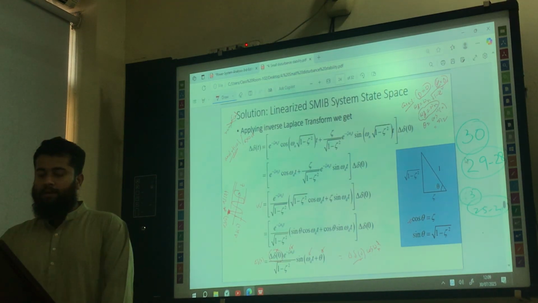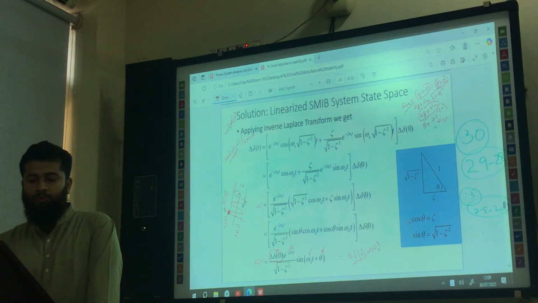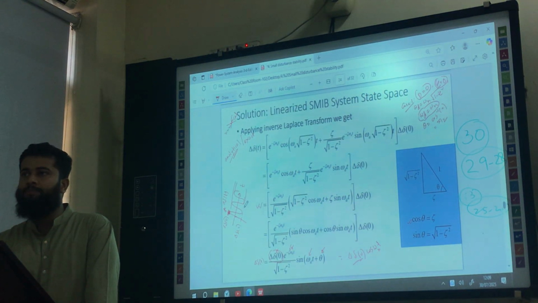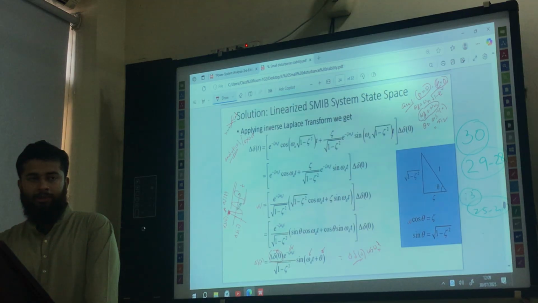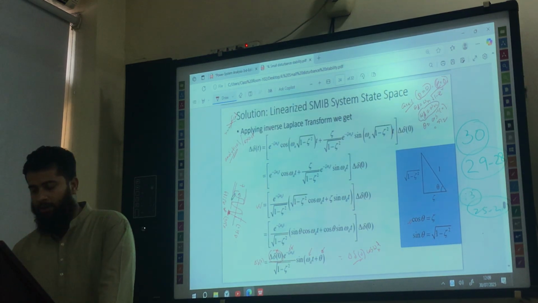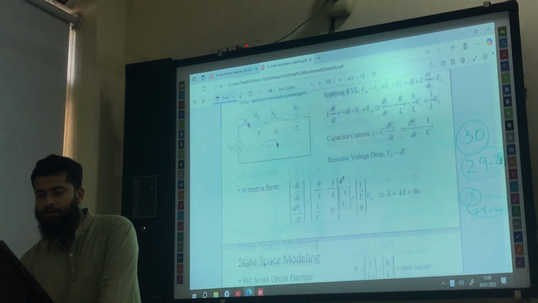Now, by looking at this wave shape, can you comment on the stability status of this system? This type of system is exactly marginally stable, right? Because it is swinging between these two fixed values. Now let's go back to the table that we discussed.